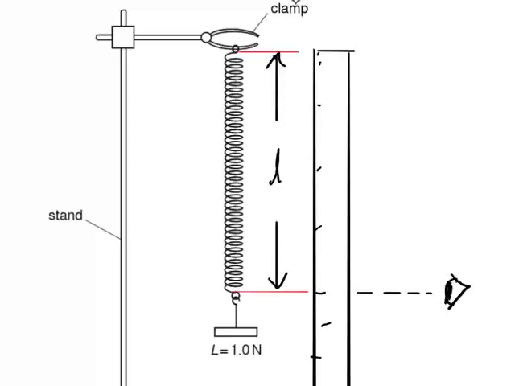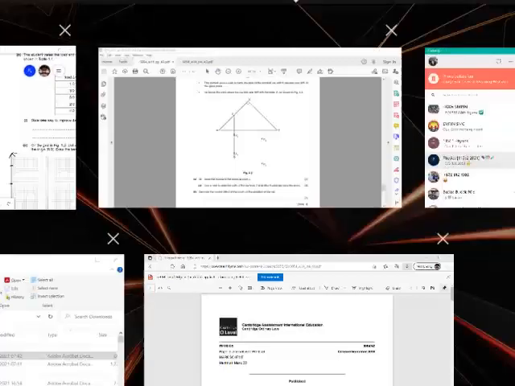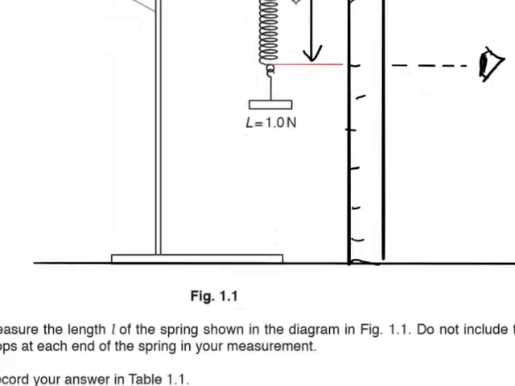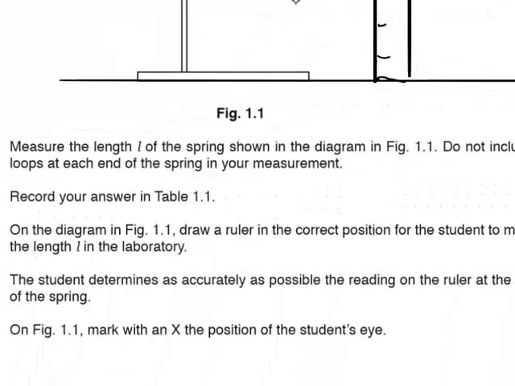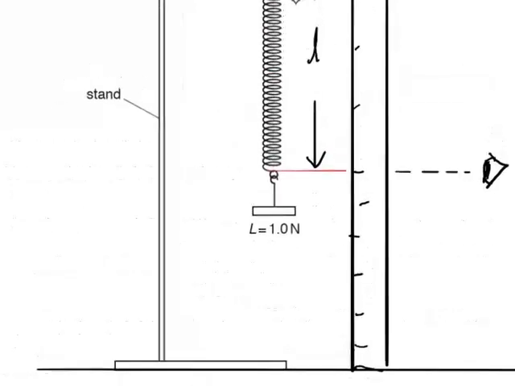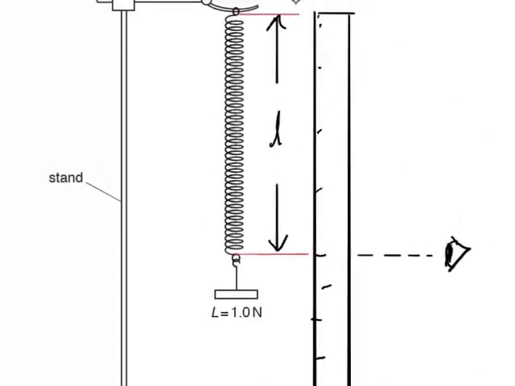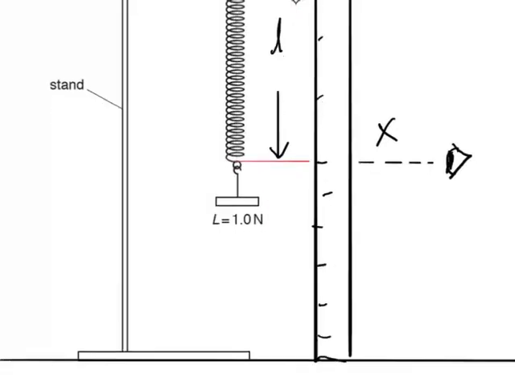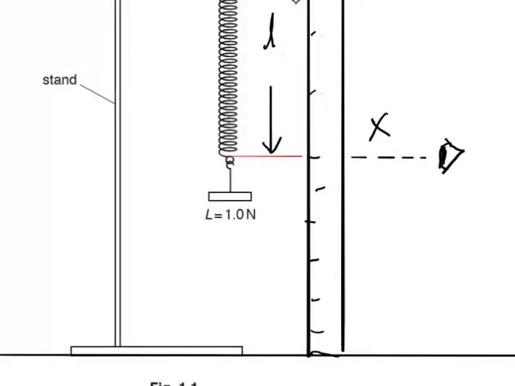That is the eye level. Make sure it's horizontal. So that will give you 1 mark, the X position of the student's eye. You need to place X, okay? Put X, position of student's eye. So X should be here. I'm sure I should just put X here, okay? They will know, based on your diagram, where X is.